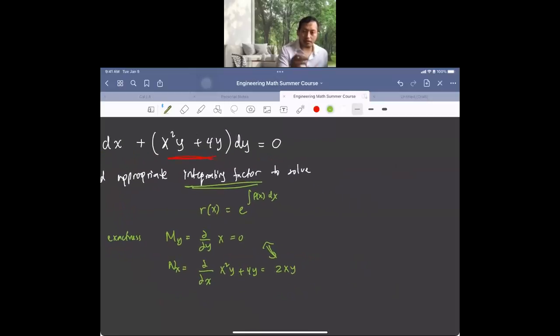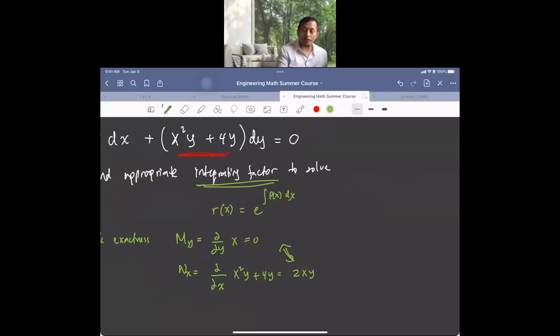Now we see clearly that it's not equal, but we know that to make it exact, we need to have an integrating factor. And the integrating factor, as I mentioned, we can define from here, and it can be defined with M or N according to what kind of function we have at the end. Now, we clearly see from here that it's going to be 2xy, right?